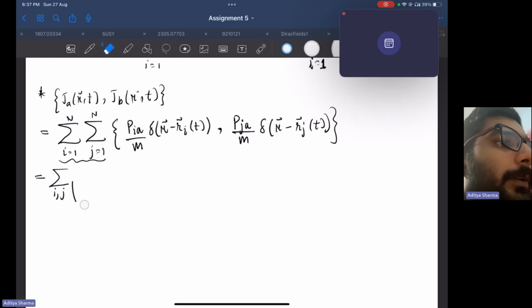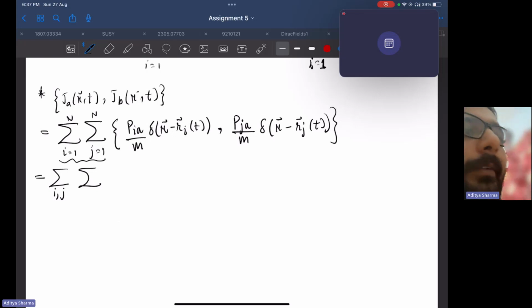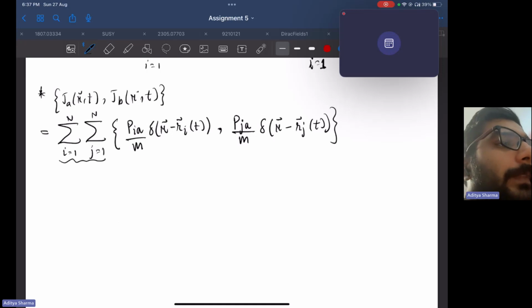Now we want to expand the Poisson bracket, and the Poisson bracket is in say 3 dimensions. That would mean A goes from 1 to 3, so there are 3 currents because A can be 1, 2, 3, X, Y, Z.